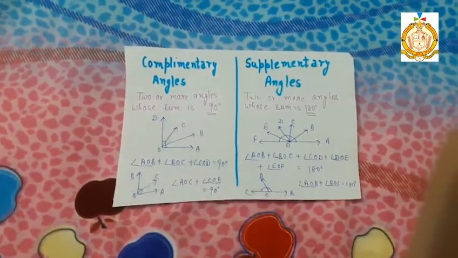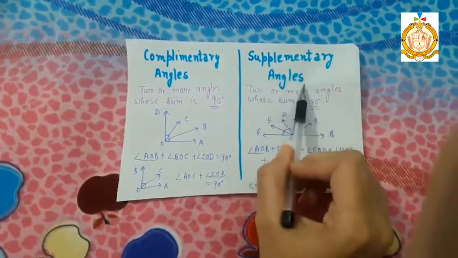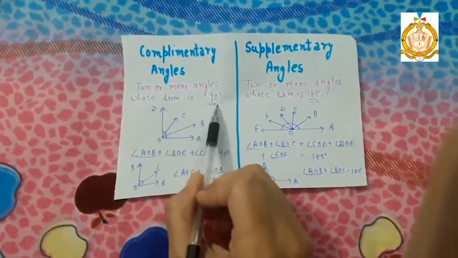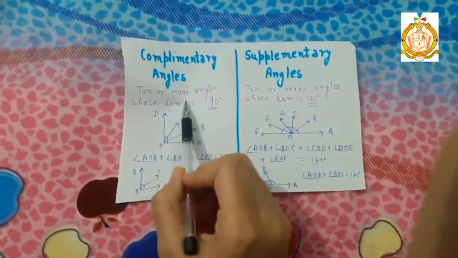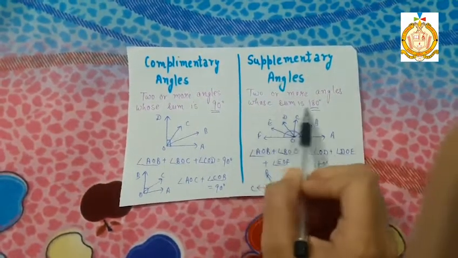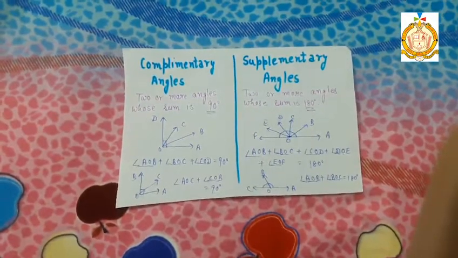Next we shall discuss complementary angles and supplementary angles. Two or more angles whose sum is 90 degree are complementary angles, and two or more angles whose sum is 180 degree are supplementary angles.